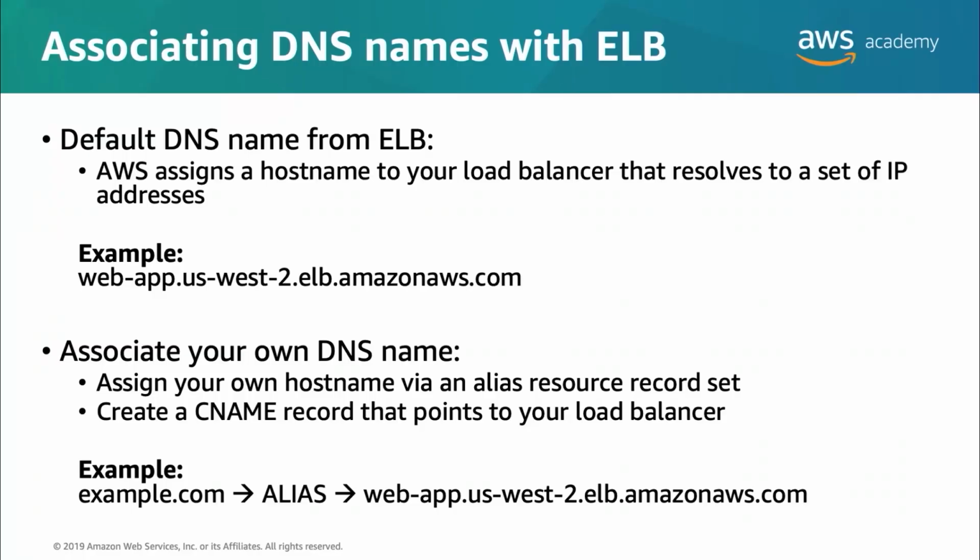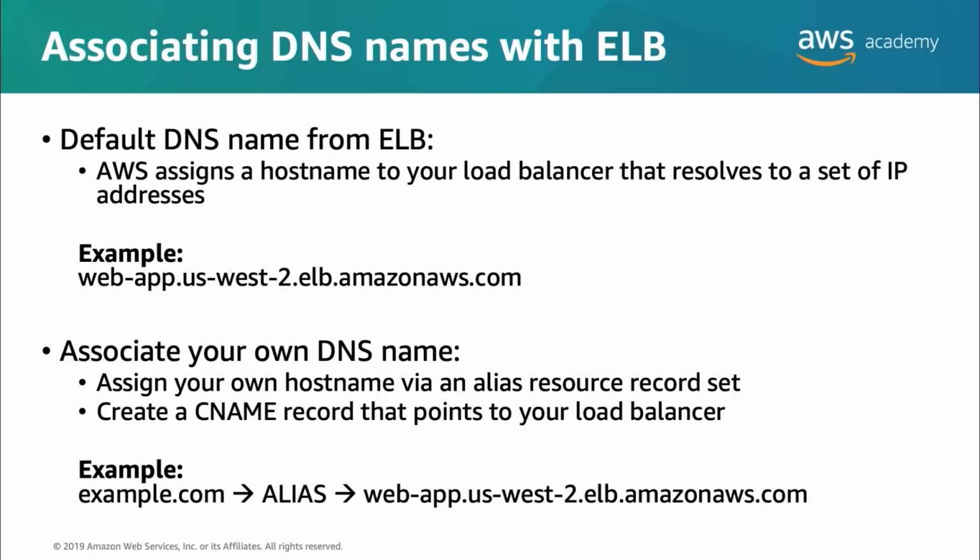When you create a load balancer, it is given a default DNS name, like the example here, and you can choose to use the default DNS name. But you might prefer to associate your own DNS name, which you could manage by using Route 53. For instance, you could register a domain name like example.com for your website or web application. Then, traffic is routed by Route 53 to your load balancer.